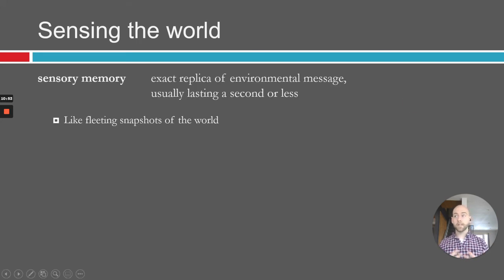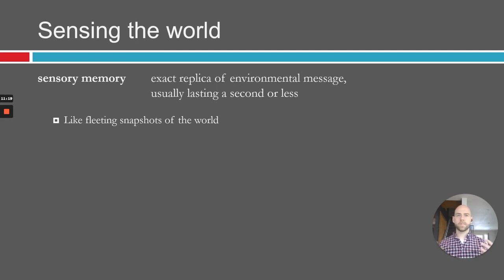So starting out again with the more basic knowledge of your world type things, sensory memory is you trying to make a replica of the environmental messages that you are getting. And your brain, well, I mean, your whole body is involved, is constantly making these sorts of snapshots of the world.